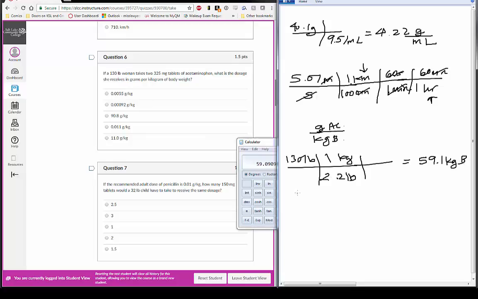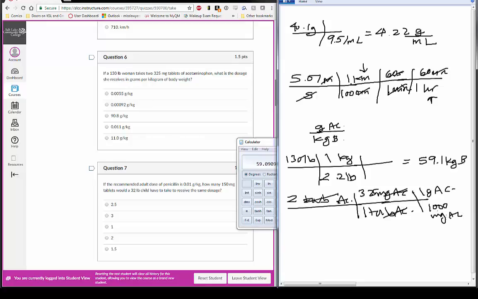That's the body. And if we say, look, she's taking 2 tablets of acetaminophen, and every 1 tablet has 325 milligrams of acetaminophen. They want grams, not milligrams, so there are 1,000 milligrams in 1 gram.